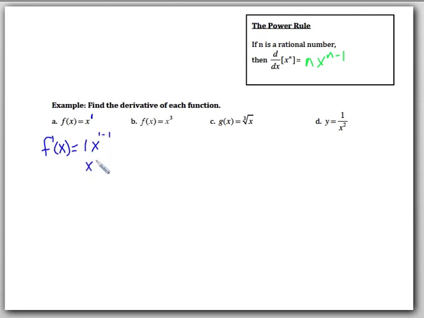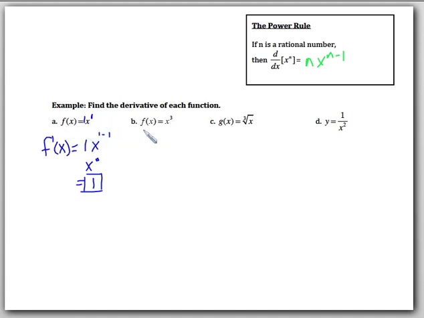Well, we know this is x to the 0. And so we know this equals 1. Now if we think just for a second that the derivative is the same thing as slope, what's the slope of this function? Well, we know it would be 1. And so here we can see that the power rule works for linear functions.